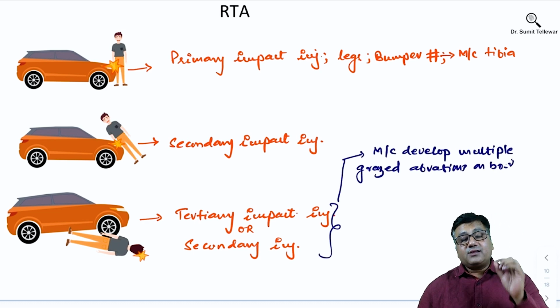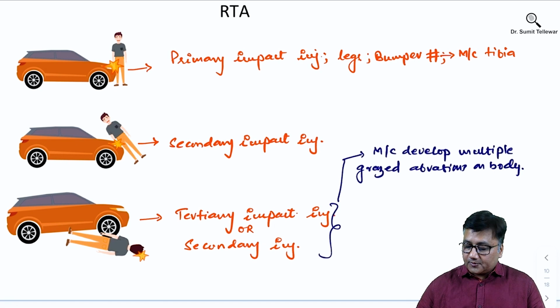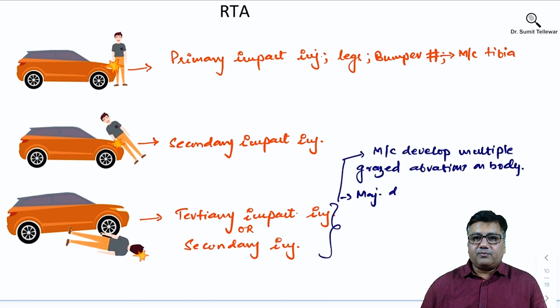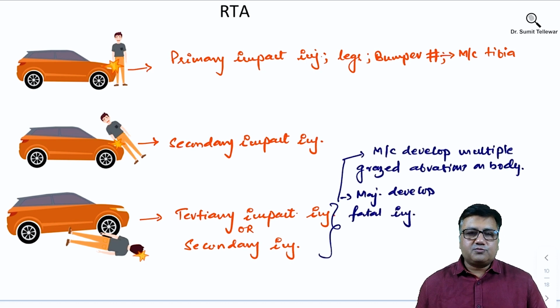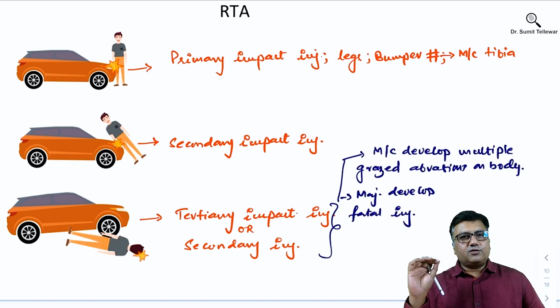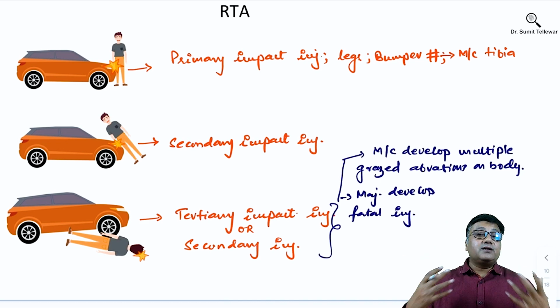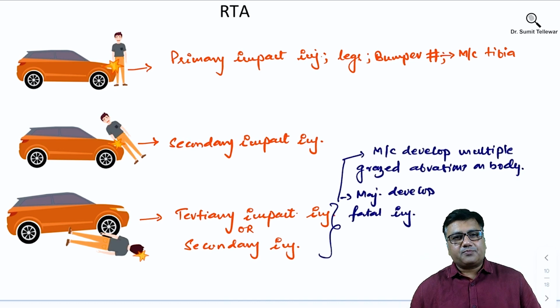Okay, and this is the time when the majority develop fatal injuries. So tertiary impact is responsible for generation of the majority of fatal injuries in RTAs and the majority of grazed abrasions or external injuries on the body, right?